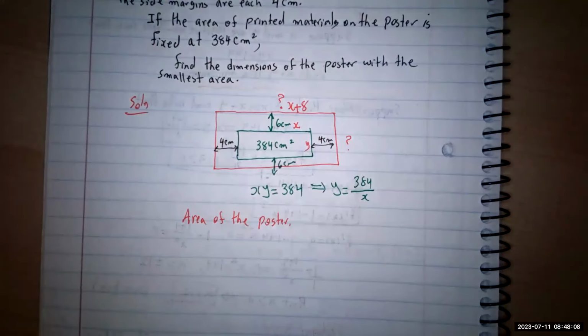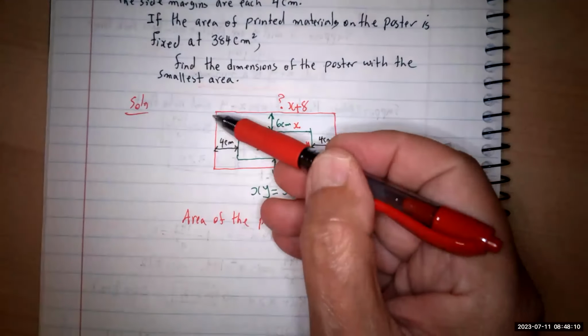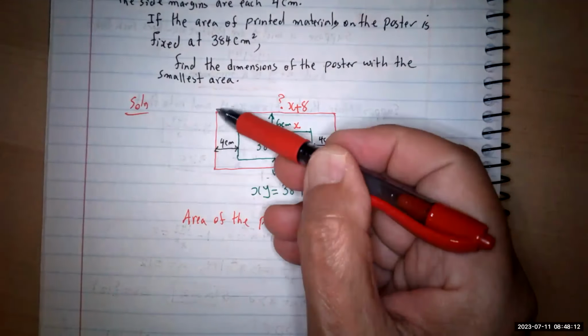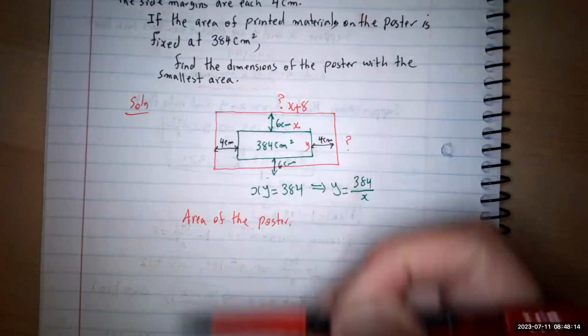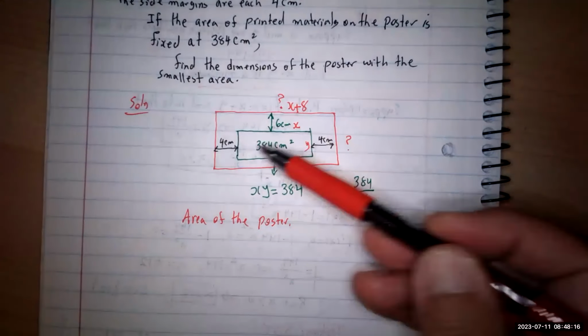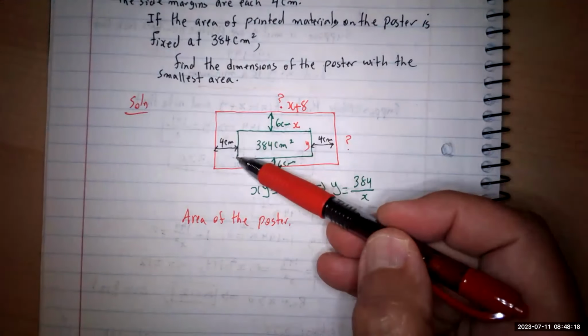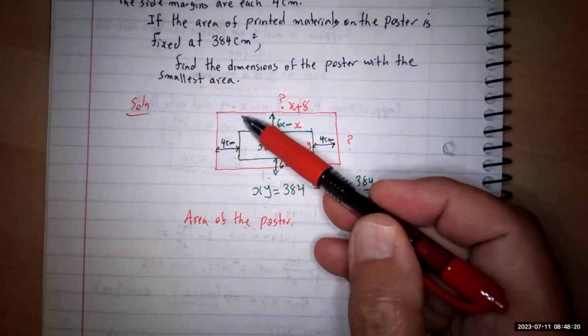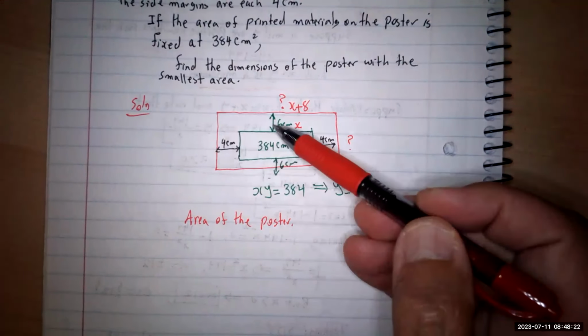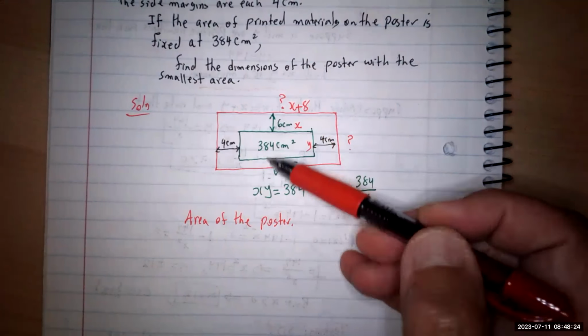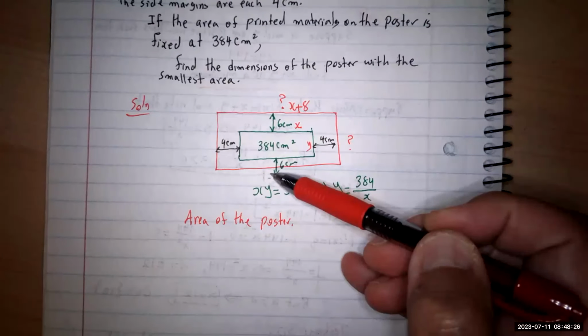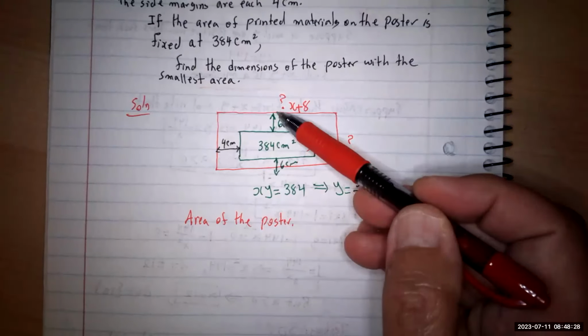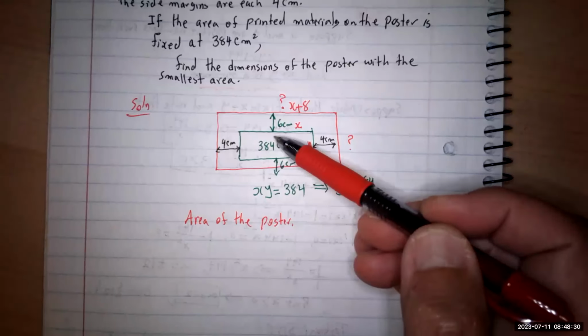That's one dimension. Now what is going to be this one? Remember, this is Y. This is Y, how far you go up and down. You go up and down as the margin to the top and the margin to the bottom. Margin to the top 6, margin to the bottom is, sometimes it's different.